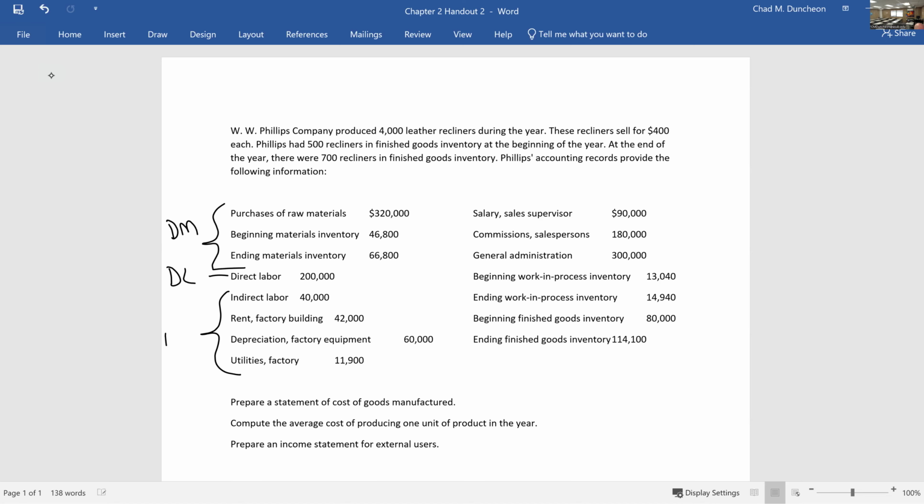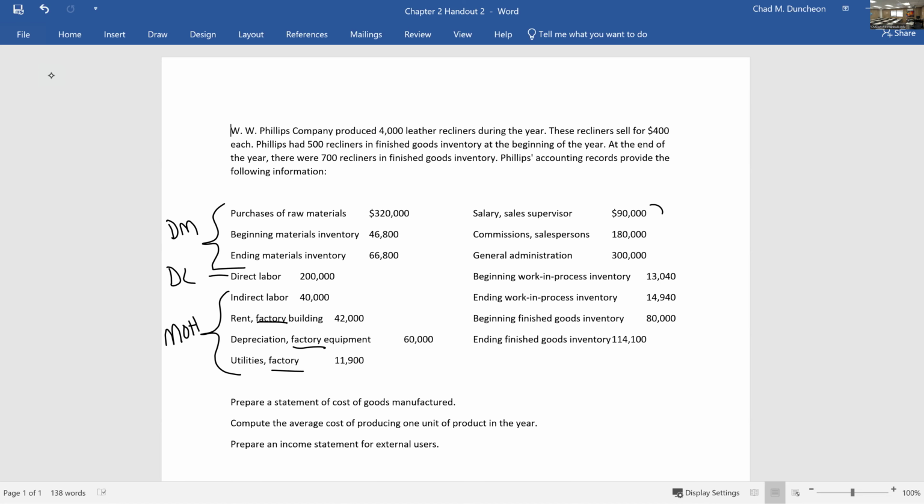These four costs are all manufacturing overhead: indirect labor, rent on the factory building, depreciation on factory equipment, and utilities on the factory. I told you, anytime you see the word factory, it is almost always identified as a product cost. All indirect product cost becomes part of manufacturing overhead.